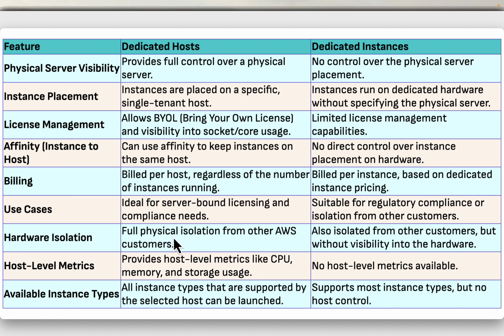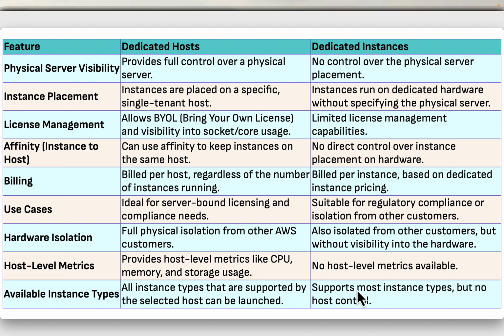So basically they will allocate the whole hardware for you. This is also isolated from other customers but without visibility into the hardware. For metrics, dedicated host provides host level metrics like CPU, memory and storage usage. No host level metrics available here. All instance types that are supported by the selected host can be launched.